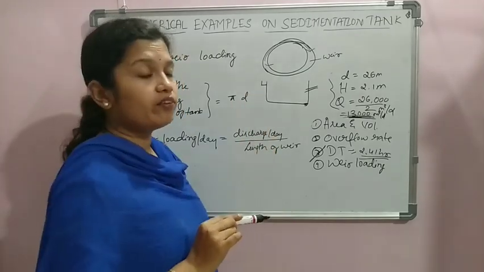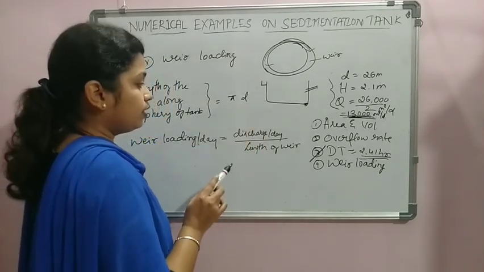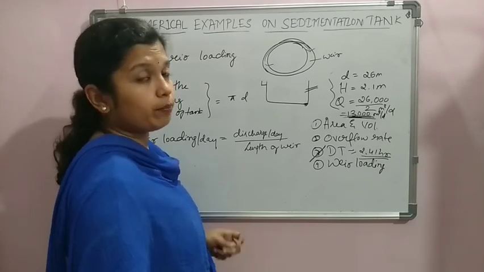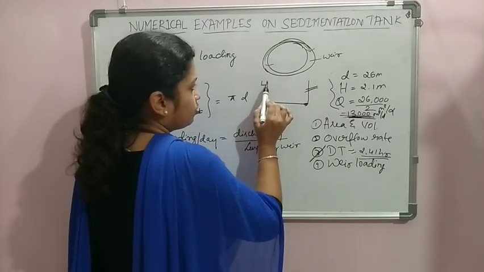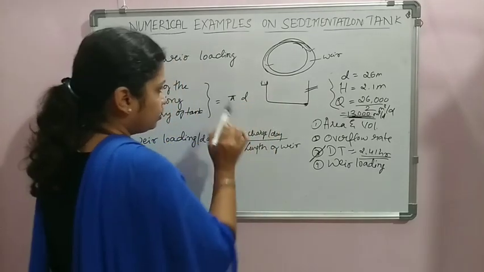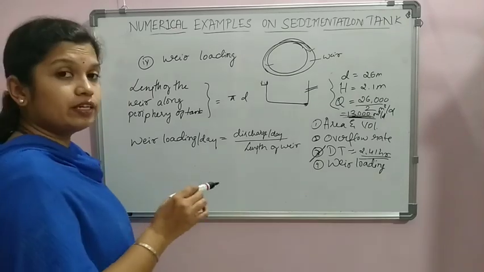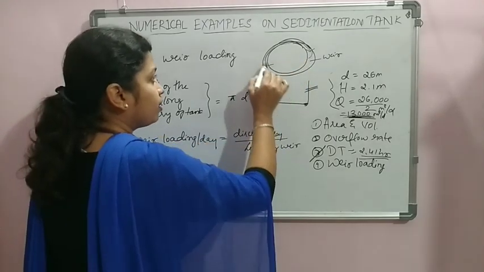How we are going to load the weir is what we are going to calculate now. It is calculated as discharge per length of the weir, that is in meter cube per meter day. This will be a channel-like structure. Before calculating the weir loading, we need to calculate the length of the weir along the periphery of the tank.